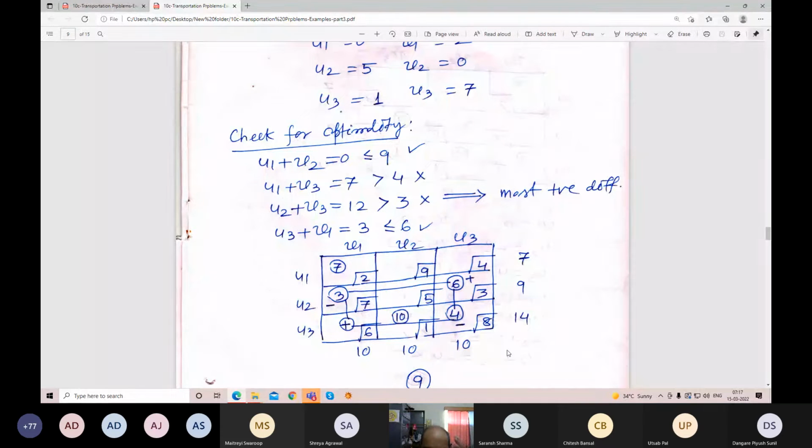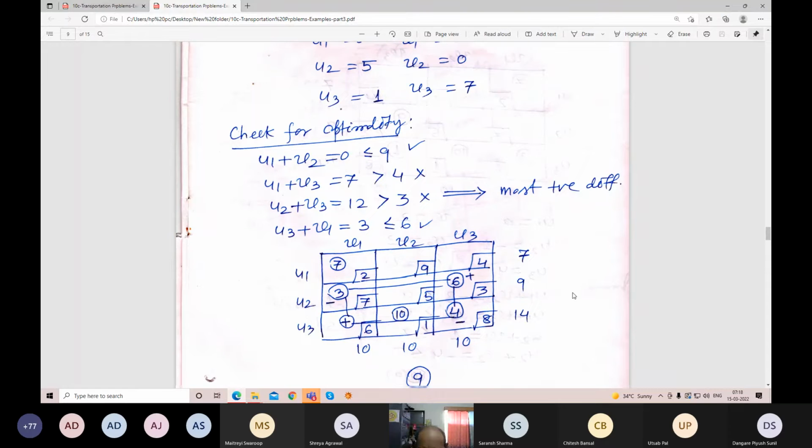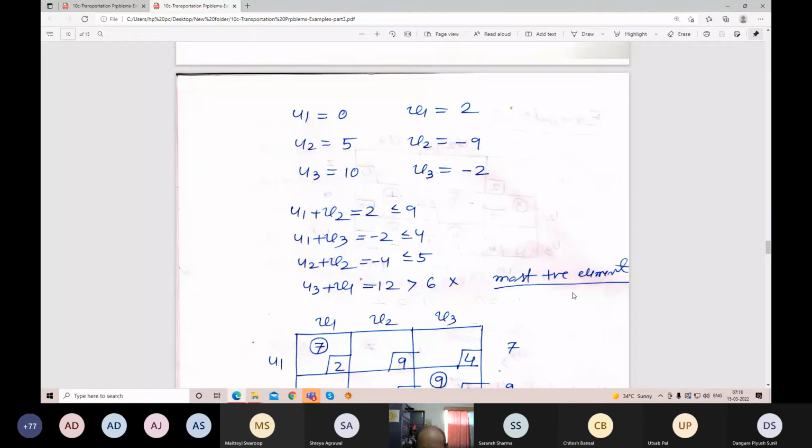As you know, of 3 and 4, we can reduce 3 to 0, and 4 will be reduced by 3, becoming 1, but the 6 will increase. So that is becoming positive here. As a result, we are finding a new allocation like this.